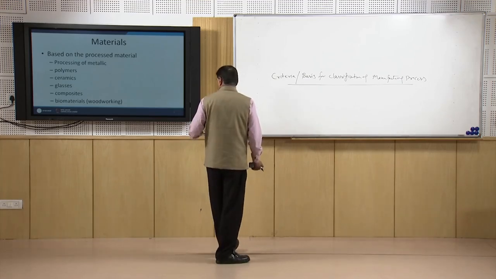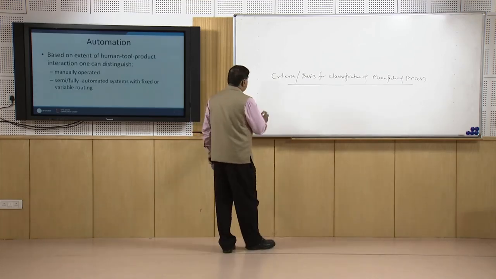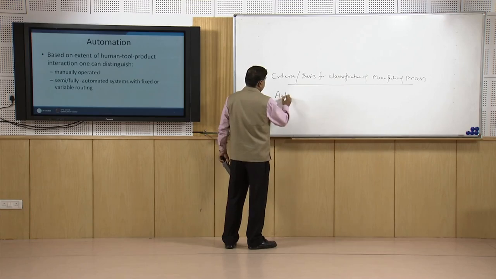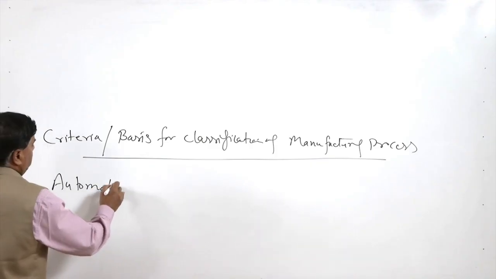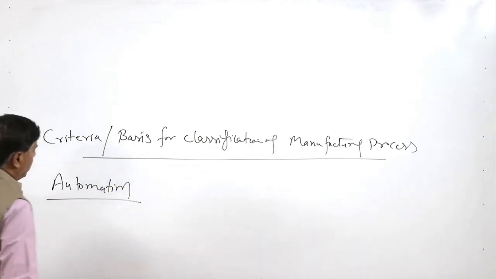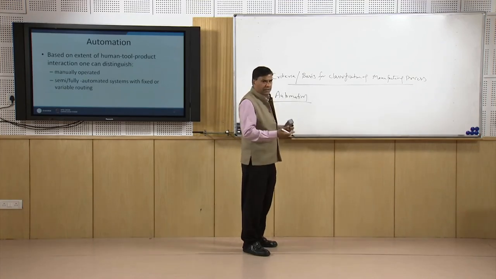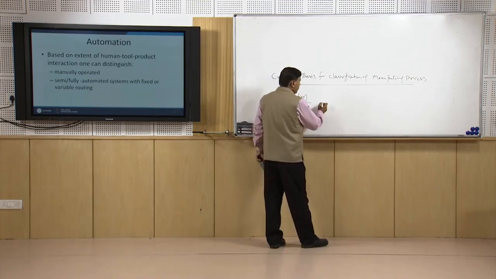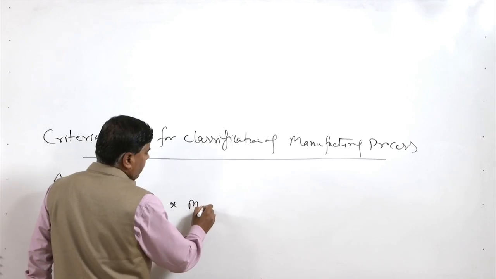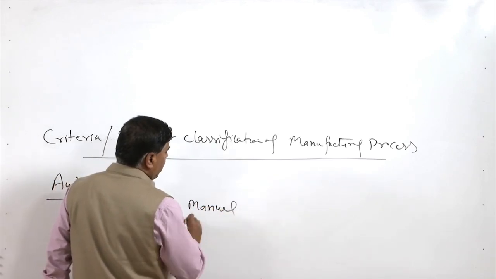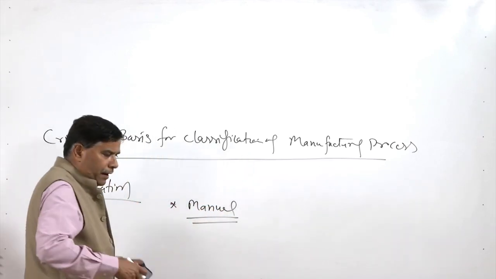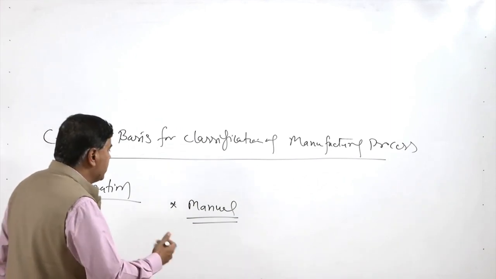And the next factor is the extent of the automation. So, here what we can see is whether the industry or the given manufacturing unit uses manpower for exerting the energy, exerting the force.